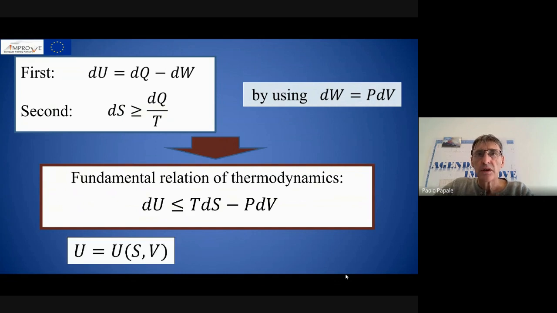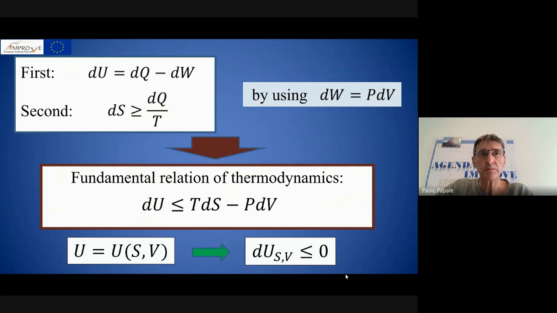In other words, the state variable internal energy is a function of two other state variables, entropy and volume. Accordingly, if a process occurs at constant entropy and volume, then the right term in the fundamental equation becomes zero, meaning that in such a case, the change in internal energy of a system is zero if the process is reversible, and it is negative if the process is irreversible.